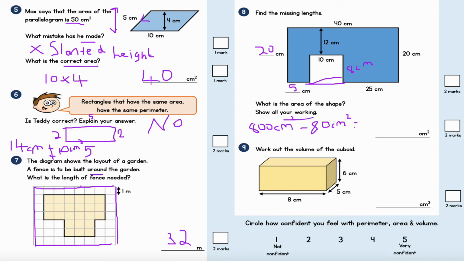Now of course, there are other ways of working out the answer. I find this way the easiest myself. If you work out the area of the whole thing, and then take off this area here, then it will tell you what the shaded region is going to be. 800 take away 80 is 720.